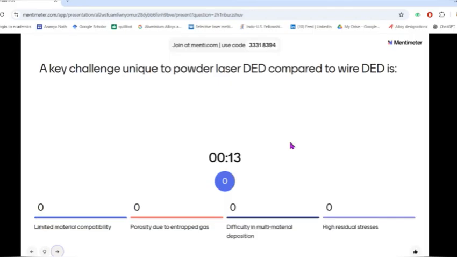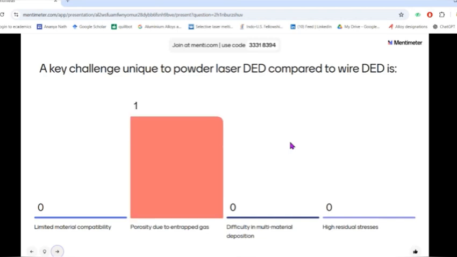It should not be the common challenge. Yes, porosity due to gas entrapment, and this porosity is coming because of the powder, not the wire.